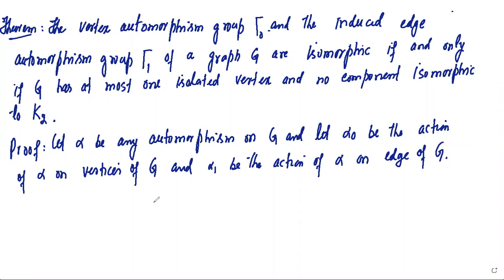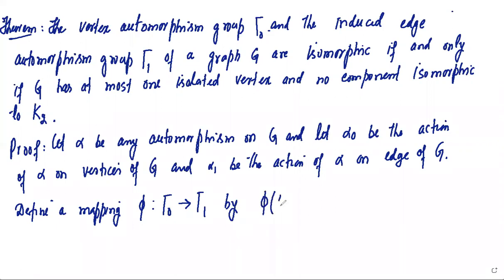So then we define a mapping pi from gamma 0 into gamma 1 by pi of alpha 0 is equal to alpha 1. Then we have alpha 1, beta 1.